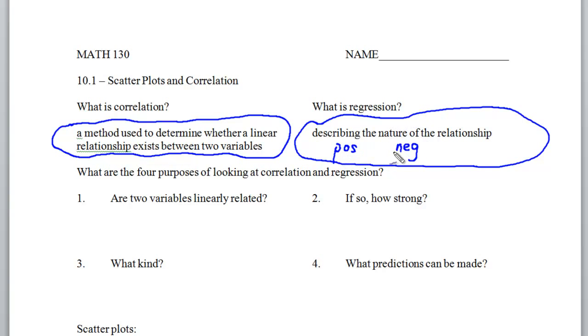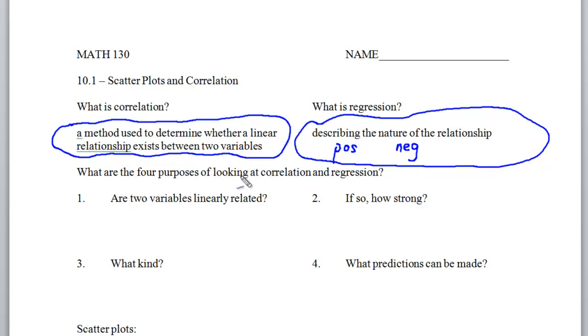As homework went up, grade went down. That would be a very interesting situation. I can't say that it's never happened before, but there's an example of positive and negative. Positive correlation is when as one goes up, the other goes up, and negative is as one goes up, the other goes down. So we're going to talk a little bit more about direct and inverse relationships coming up here.